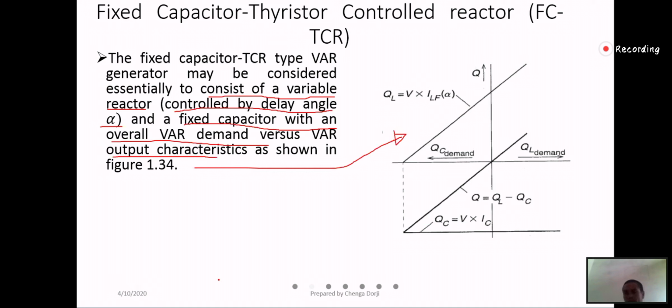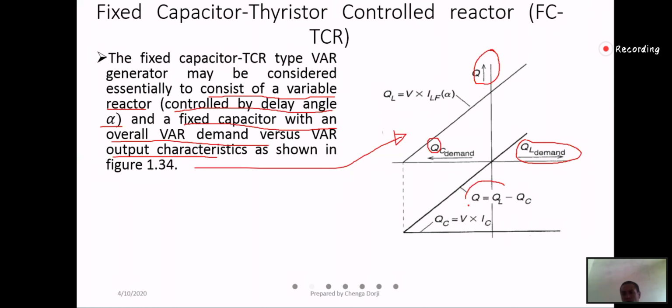QL is the inductive var demand, QC is the capacitive var demand, and this is the total var Q. Here the inductive generation is more compared to the capacitive generation.